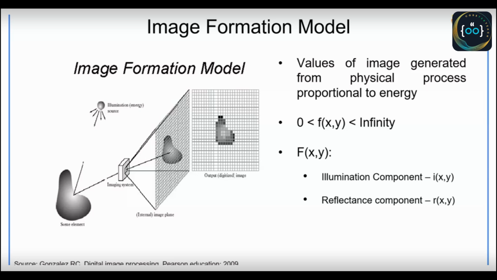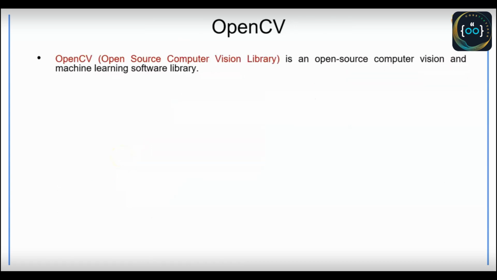The nature of i of x, y is determined by the illumination source, and r of x, y is determined by the characteristics of the imaged objects. We will be using OpenCV extensively in this program. OpenCV stands for Open Source Computer Vision Library.